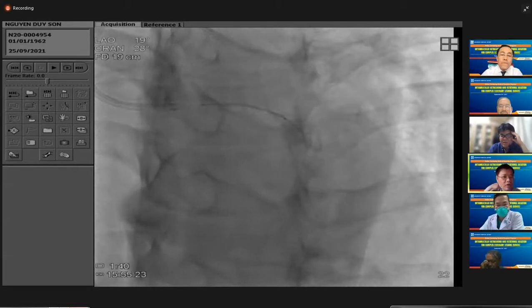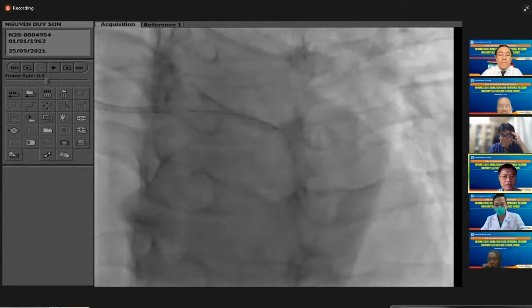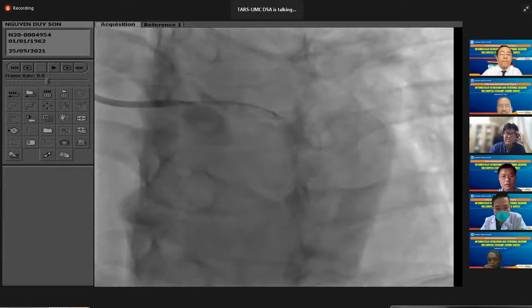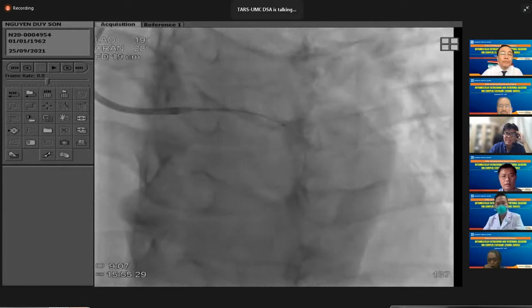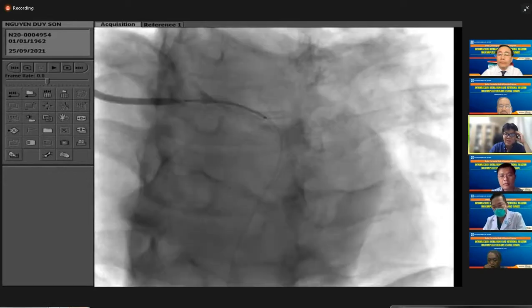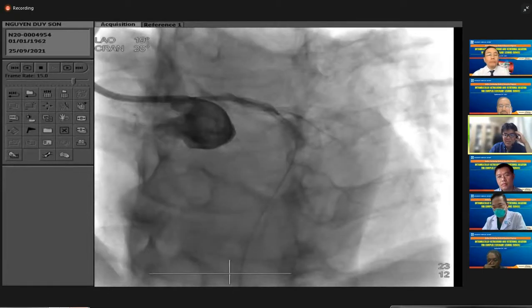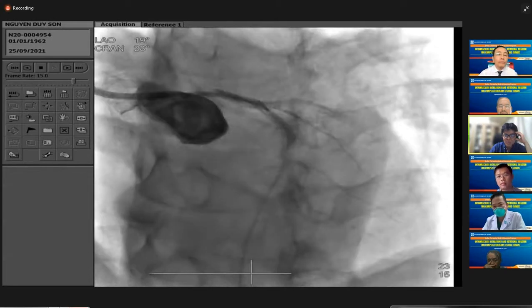I think 3.5 is okay in this case. So how about the position of the stent? Is it good for the left main ostium, or shall we take a picture, please? Dr. Bu, this is Shoichi speaking. It is difficult to identify the left main ostium.